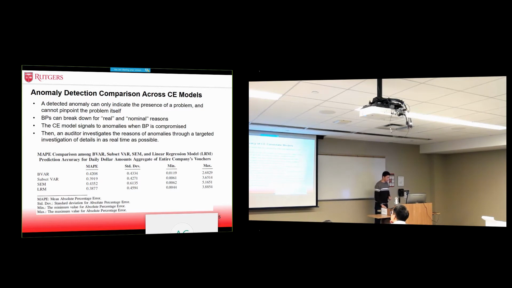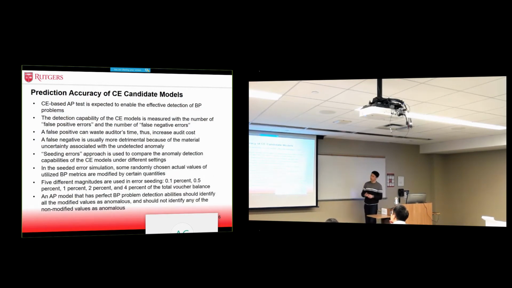And for the prediction accuracy of these continuous equation candidate models, there were two important points to mention: false positives and false negatives. False positives would consume more time of the error auditor for nothing, and false negatives would be worse, just not detecting the anomaly in this case.